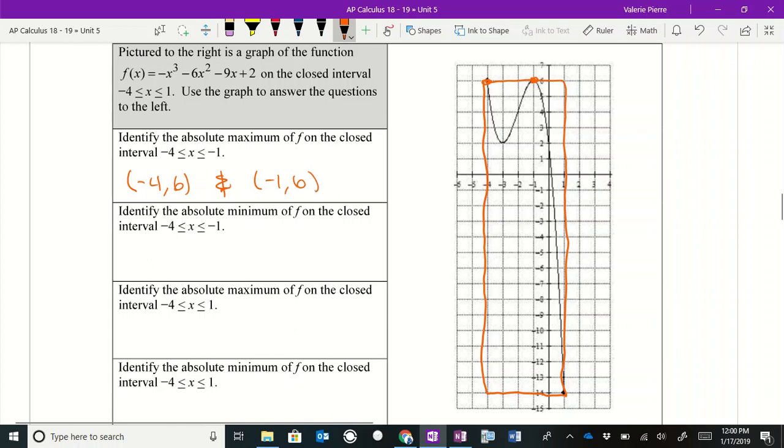The absolute minimum of this graph is way down in this corner, which is at, oops, I think I drew the line wrong. So -4, -1. So the absolute minimum of this graph is actually right here, which is at -3, 2.